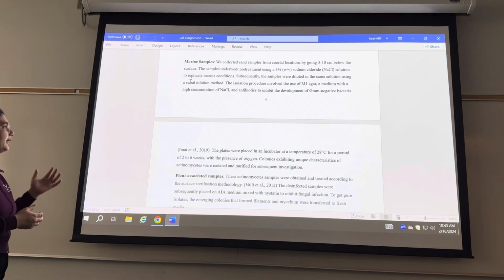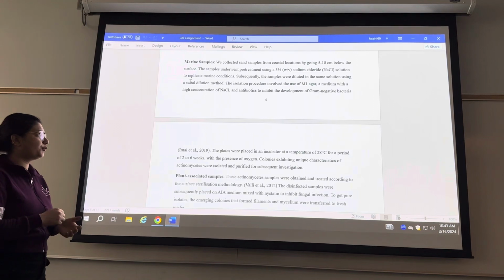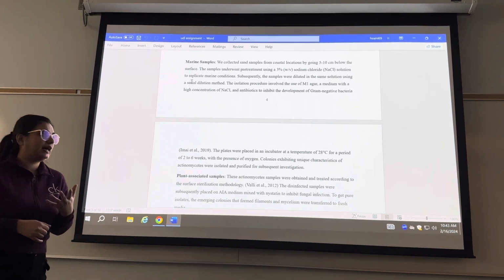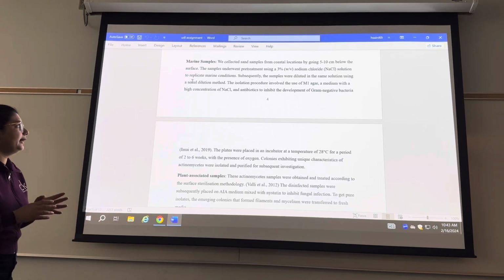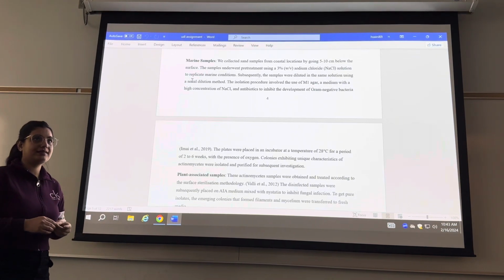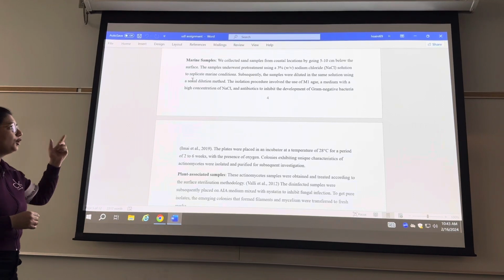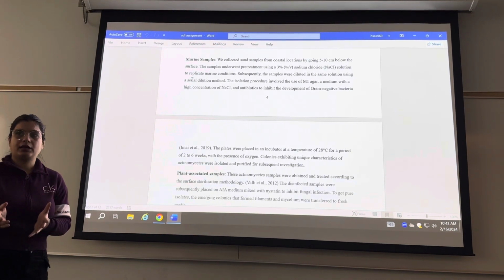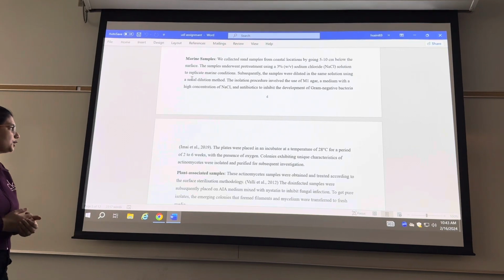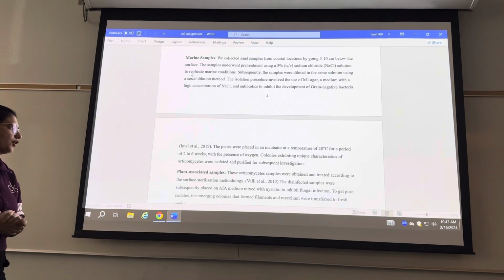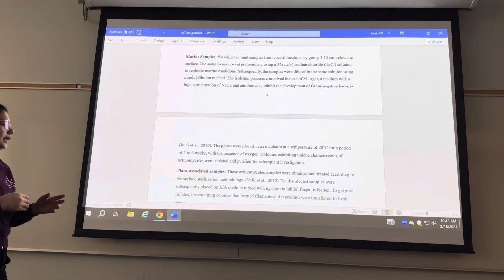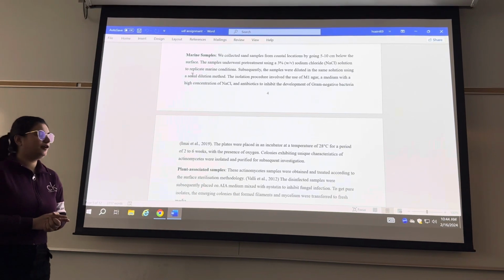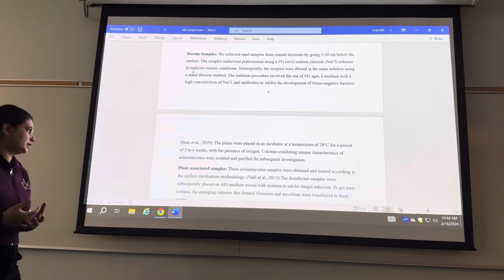Then we spread it on the MI agar, a medium which has a higher concentration of NaCl, and we also used antibiotics like in the soil, so that we can prevent gram-negative bacteria. Then the plates were incubated at 28 degrees Celsius for 2 to 6 weeks in the presence of oxygen. Then we will be able to see the characteristics of actinomycetes with the purified colonies.